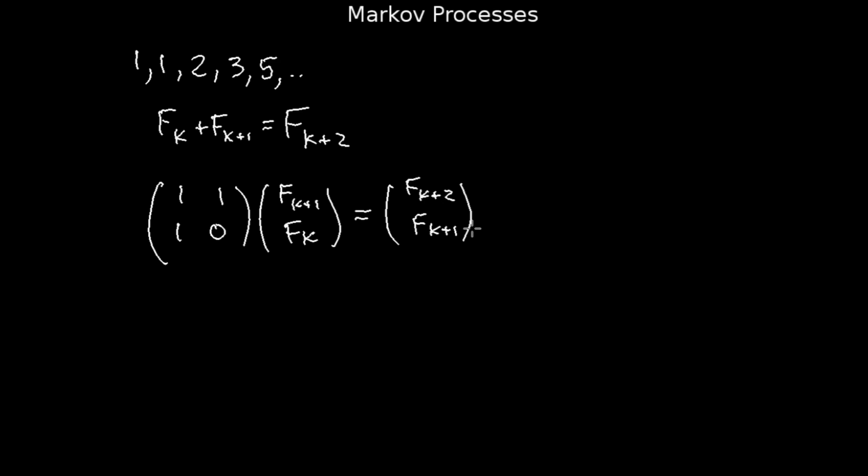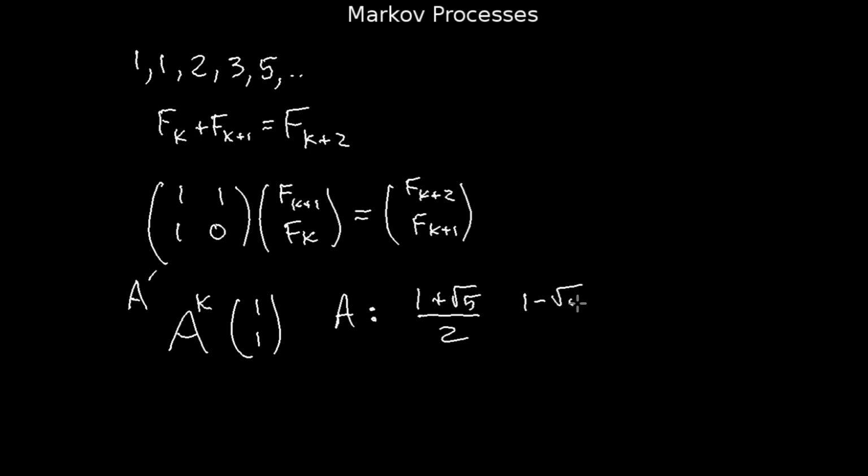And so we saw that what we're ultimately doing is computing A to the k times this original vector (1, 1), where this is the matrix A. And we know how to compute powers of matrices. We have to find the eigenvalues and eigenvectors. And it turns out that for A, the eigenvalues are (1 plus radical 5)/2 and (1 minus radical 5)/2.